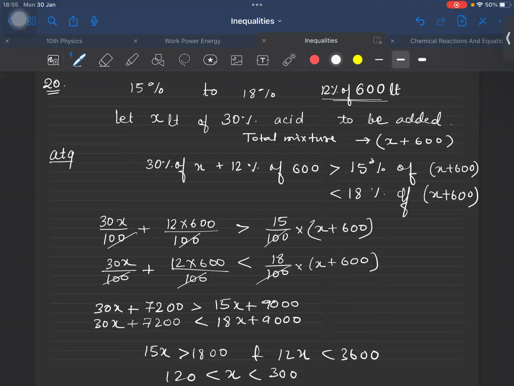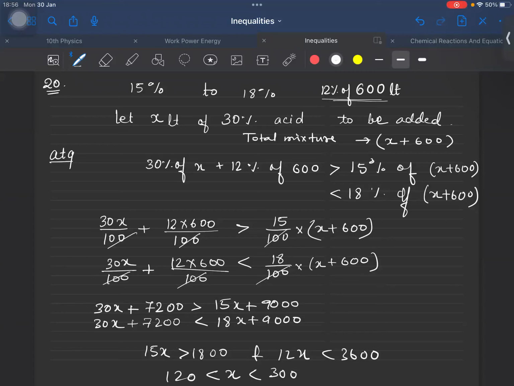Now we are adding another 30%. So the total will become 30% of X we are adding, plus we already have 12% of 600 liters.